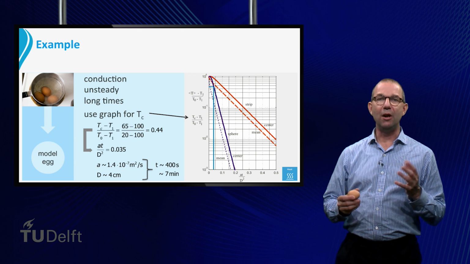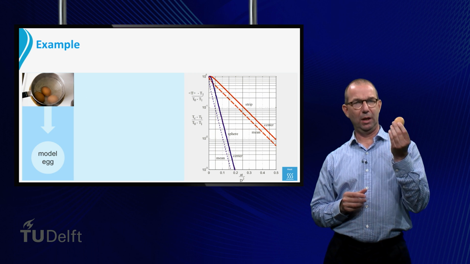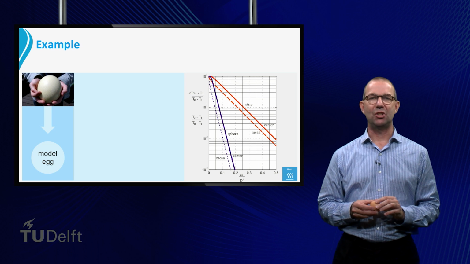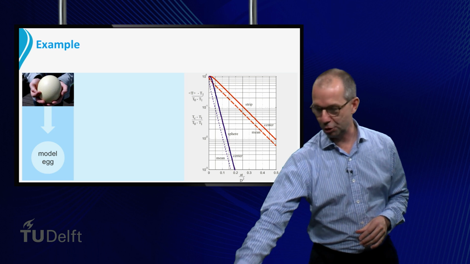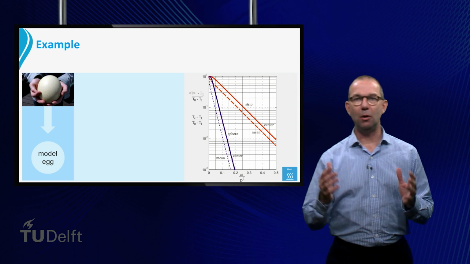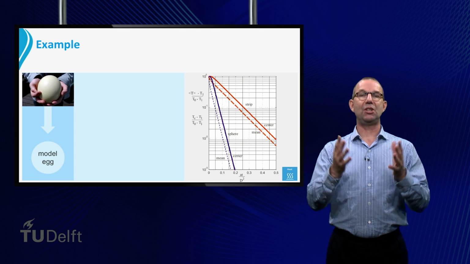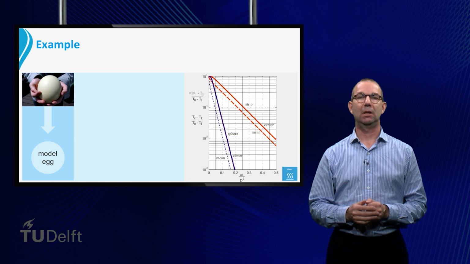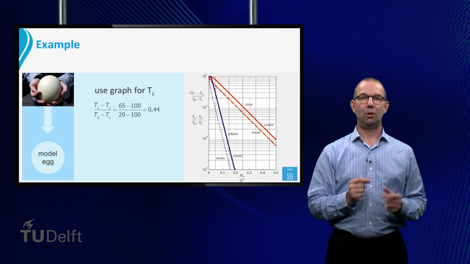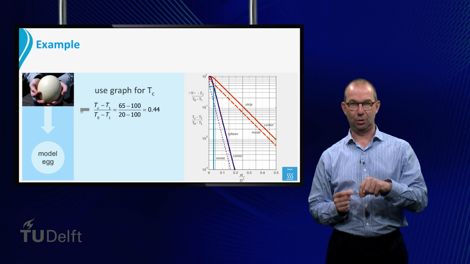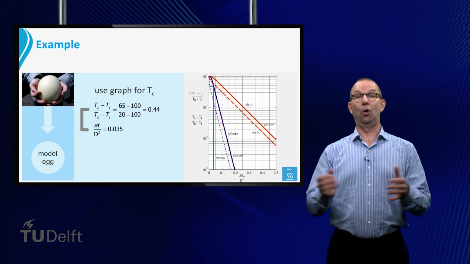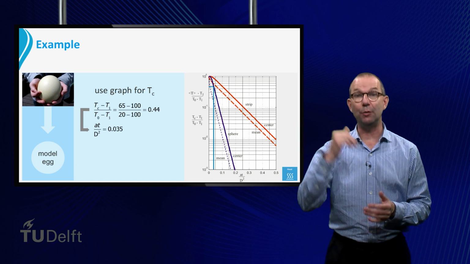Suppose you were really hungry. You didn't want to boil a chicken egg. Instead you took an egg of an ostrich. How long do you have to boil this egg? Well, the analysis is basically the same. You use the graph, compute the dimensionless center temperature, which is of course again 0.44, as we haven't changed any of the temperatures.